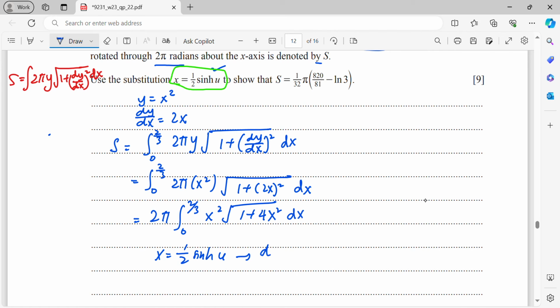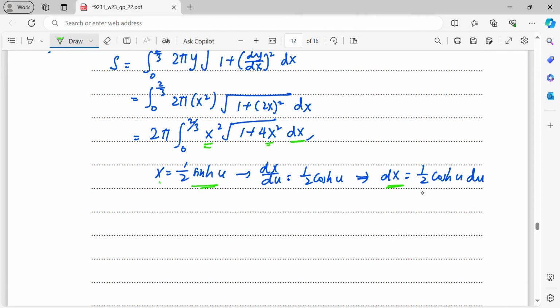So dx over du equals half cos u. And then I need to get the dx. So my dx is half cos u du. So with this, I have obtained this expression. Now I know that my x is half sine u, so I can find this.